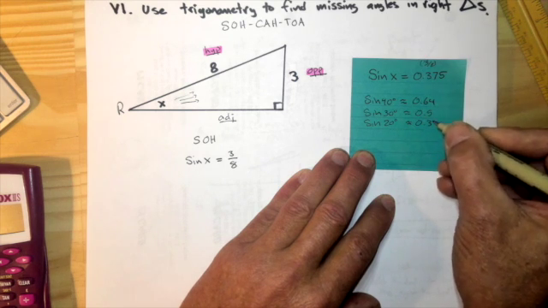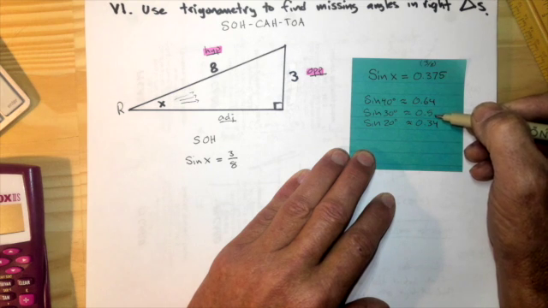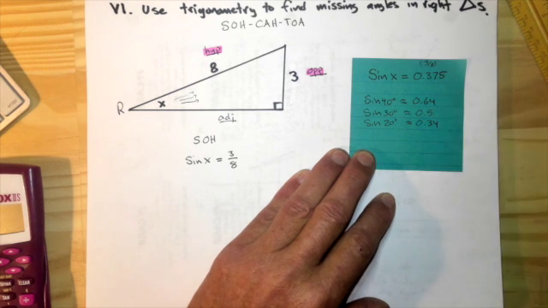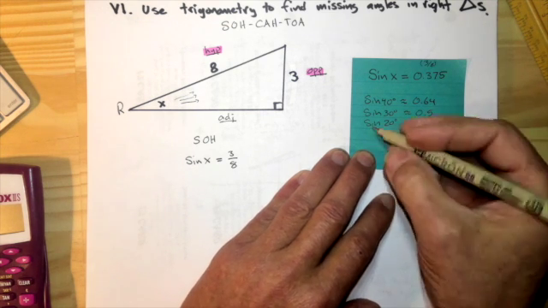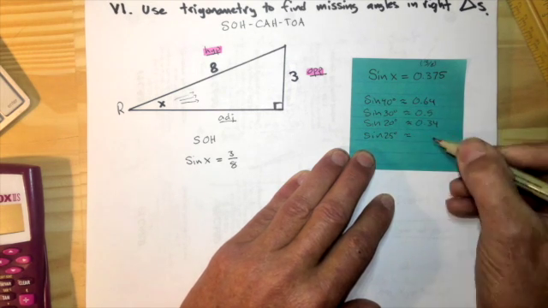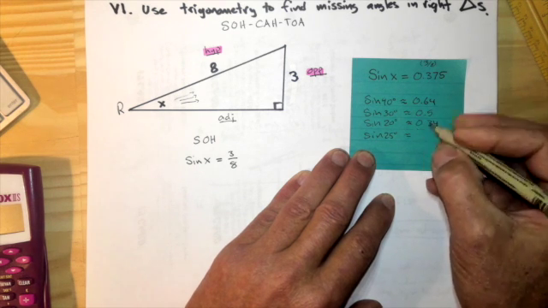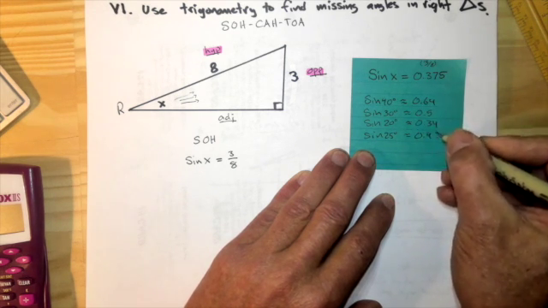0.34. Okay, so now I've passed it up. I've gone a little bit too small on my angle. So I'm just going to say, well, maybe it's a little bit bigger than that. Maybe it's 25 degrees. And I take the sine of 25 degrees and I get 0.42.